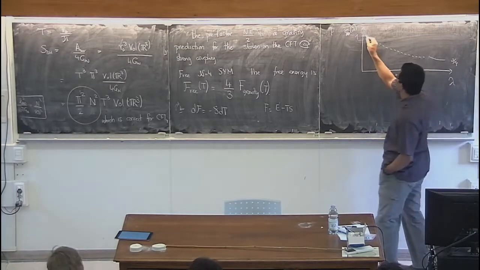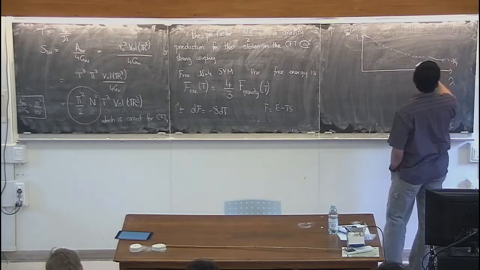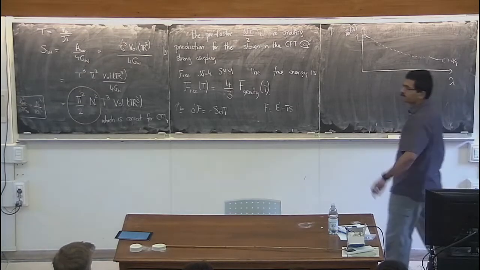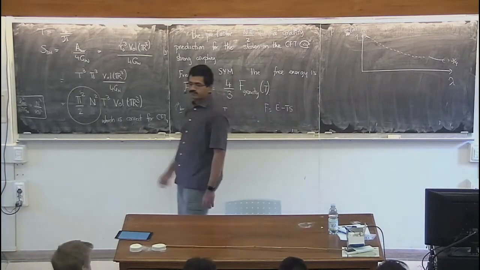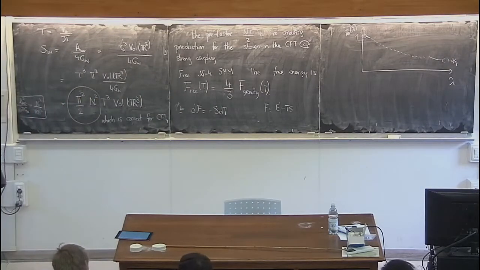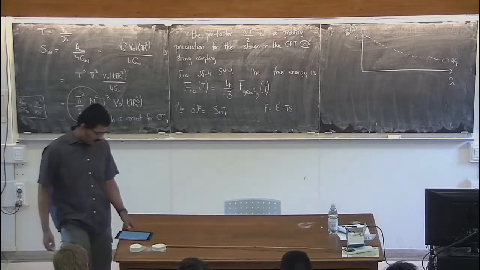So we know something in the neighborhood of the origin, and we know something in the neighborhood of infinity. Okay? Any questions about this? No? All right.